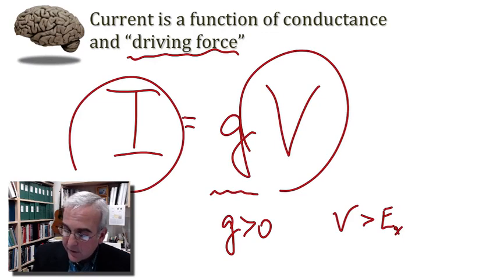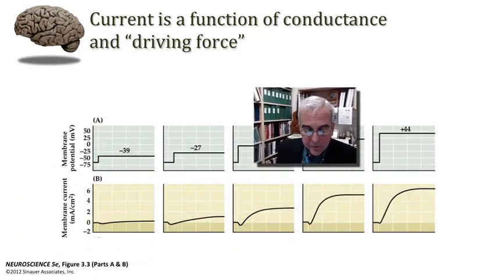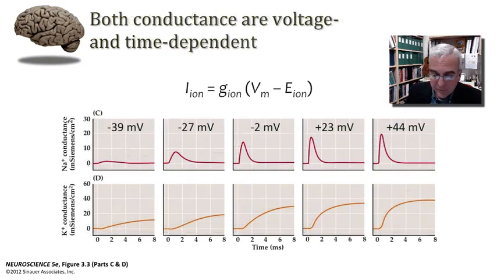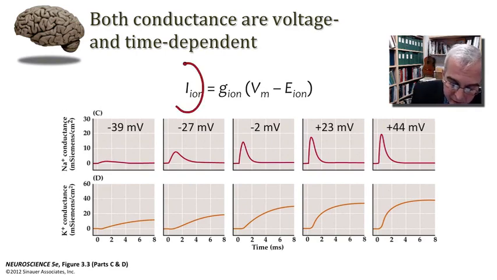Okay, so this allows us now to return to our experimental situation where we changed membrane potential and recorded current, but now we get to introduce this version of Ohm's law that helps us understand the movement of ions in terms of the conductance of the membrane for the permeant ion. So again, what we have here is current, which can be measured experimentally.